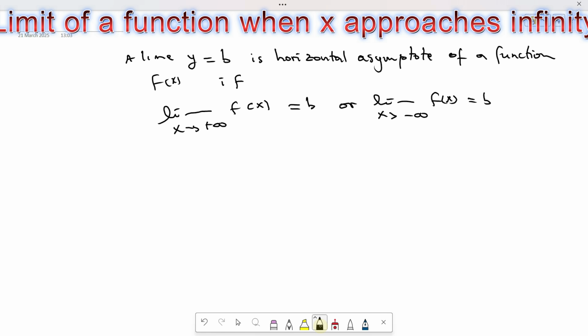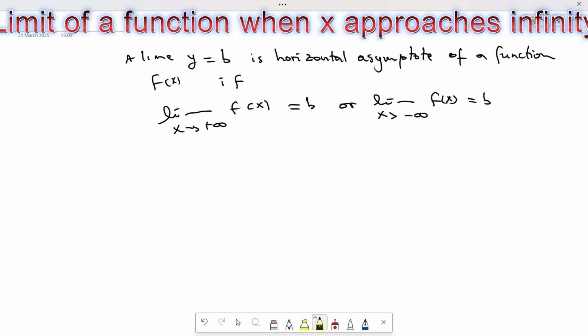So that's why it is very important to know the behavior of a function when the value of x approaches either plus infinity or minus infinity.